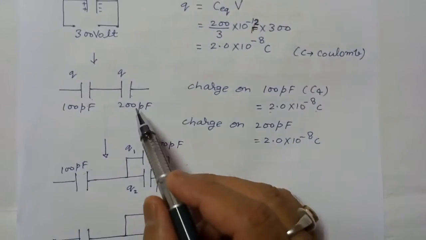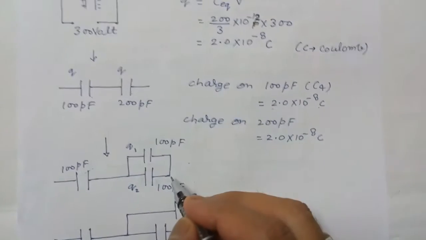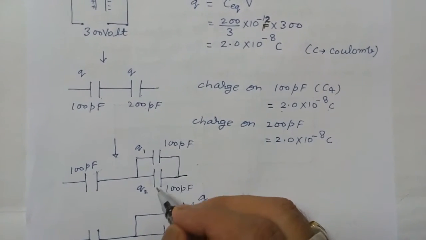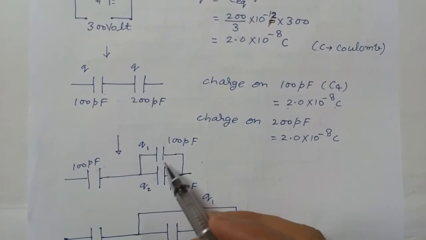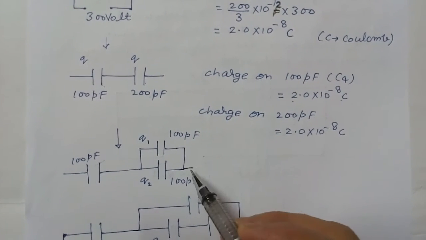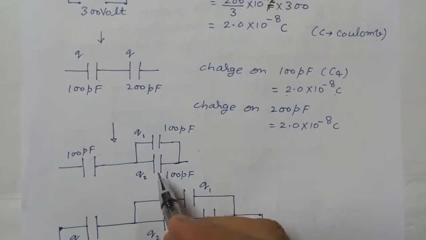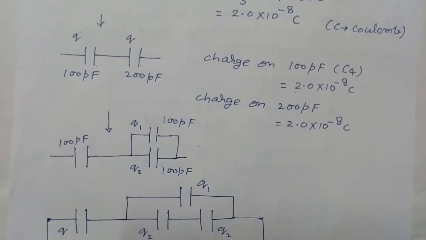Now how did we get this 200? From two 100 picofarad capacitors in parallel. Since both the capacitors are of the same value, this Q will divide into two parts in the ratio of their capacitances. The ratio of their capacitances is 1:1. So Q will divide into two parts: Q1 dash is equal to Q by 2 and Q2 dash is equal to Q by 2.